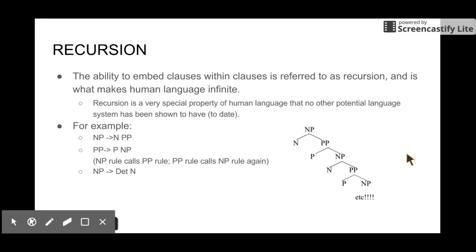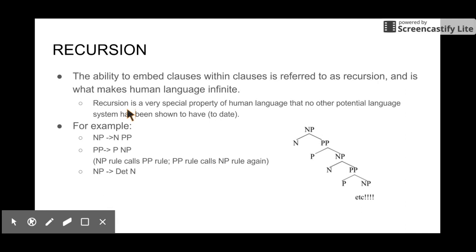Some phrase structure rules have a property of recursion. So the ability to embed clauses within clauses is referred to as recursion. And this recursion property is very special, very unique to human languages, and it can make human language infinite.